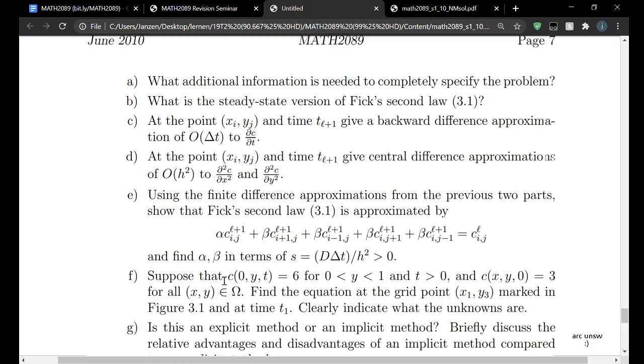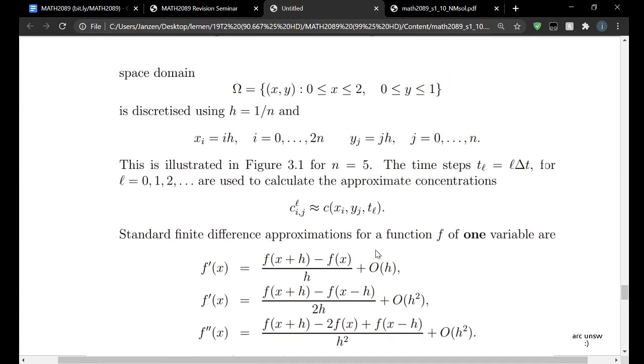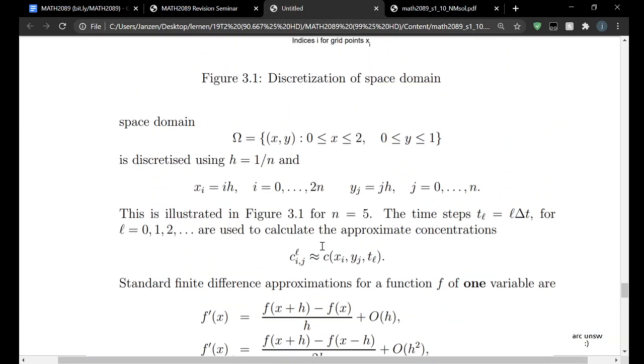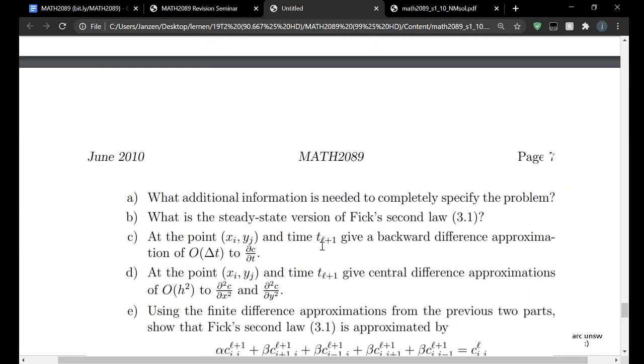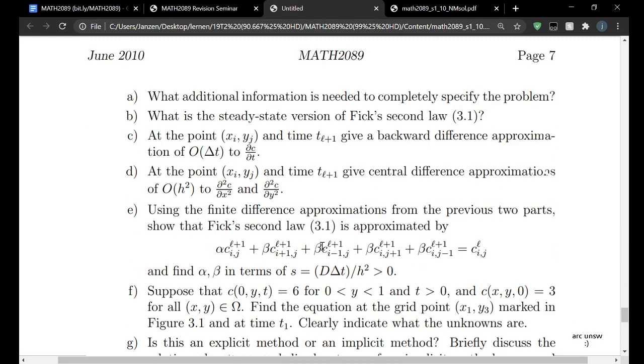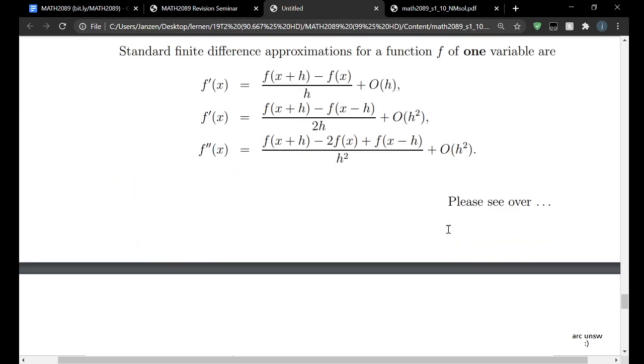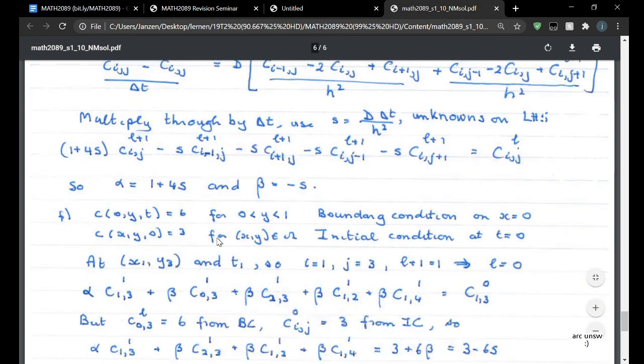So they give us these two conditions here, and we can use them to evaluate the unknowns in our approximated equation, and in doing so we can substitute the given values x1 and y3. Oh yeah, sorry, x1 and y3 here.